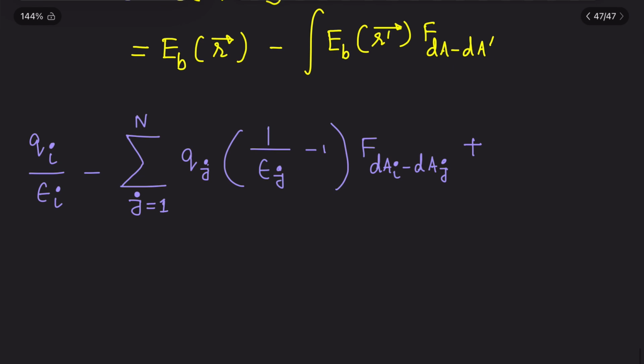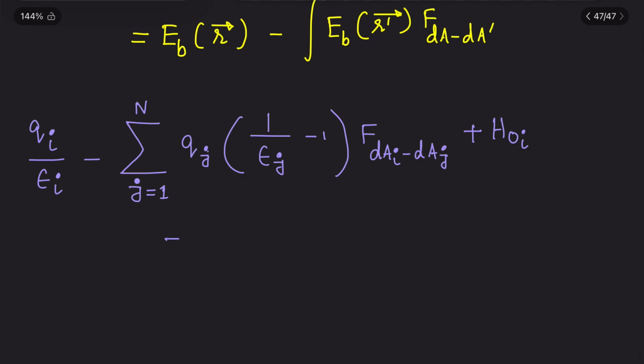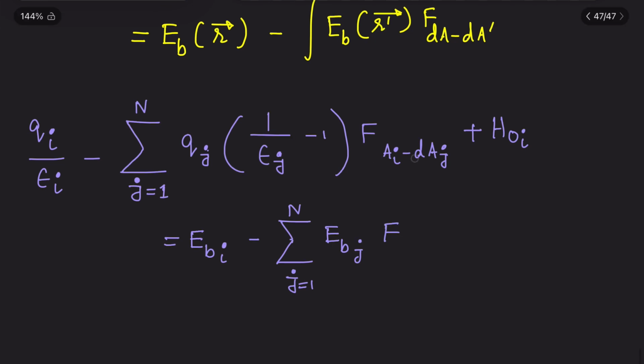So plus now H0 R was there, so that will be subscript i, is equal to EBi, because there is R, minus, so again this will be integration over j equal to 1 to n, EBj, F, and now I don't need to write dA. Okay, so these are finite areas.